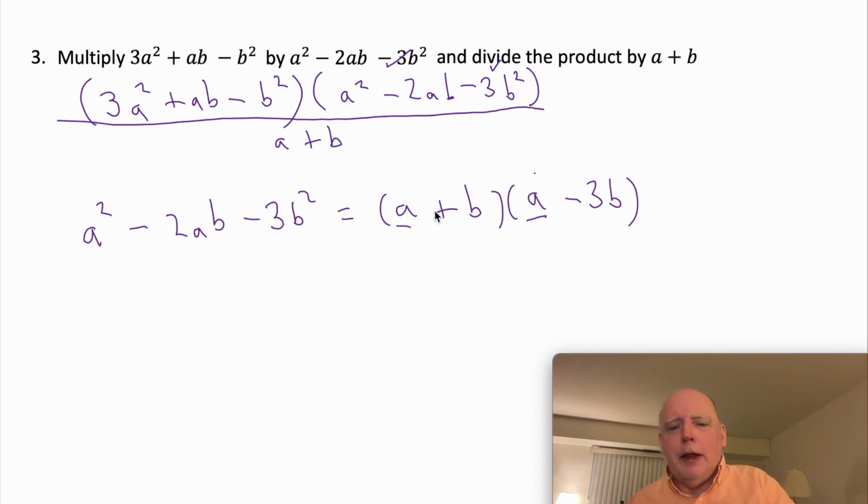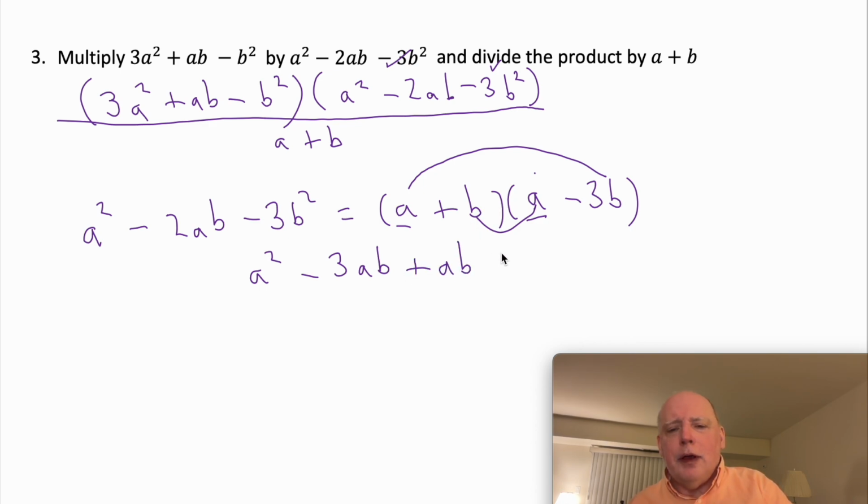And if you multiply these out using the FOIL method, first, outside, inside, and last, a times a gives us a squared. The outside, a times minus 3b, gives us minus 3ab. The inside gives us ab.